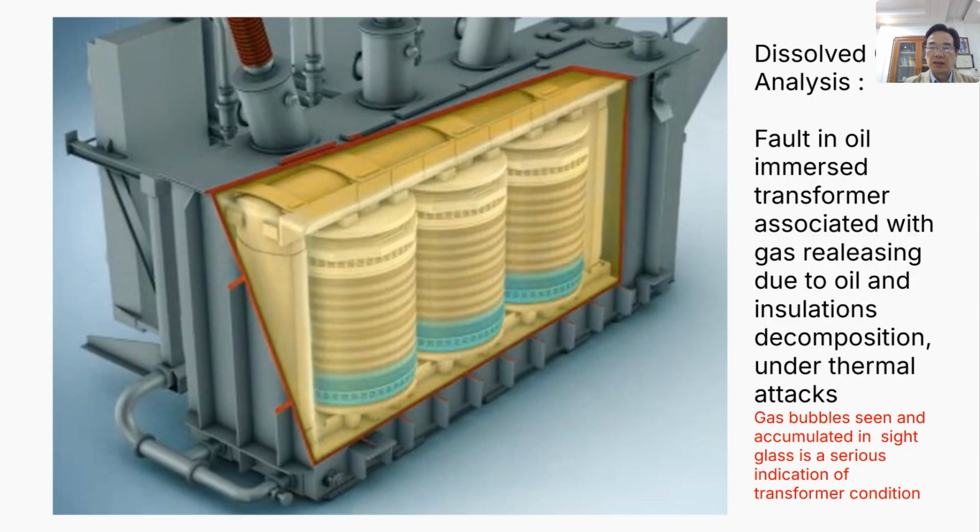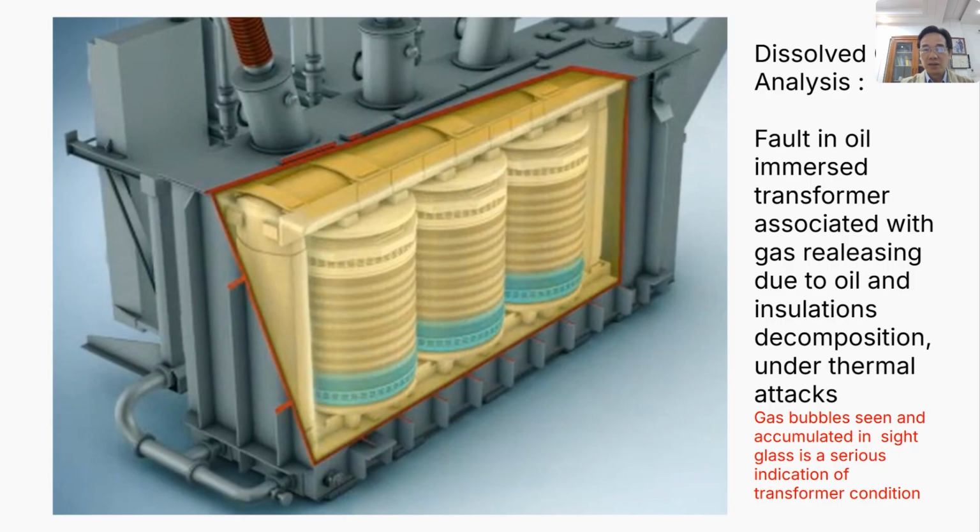DGA is the dissolved gas analysis. We do the analysis for oil in the transformer to see the content of gases inside the oil, and based on that we can determine what is happening with our transformer.